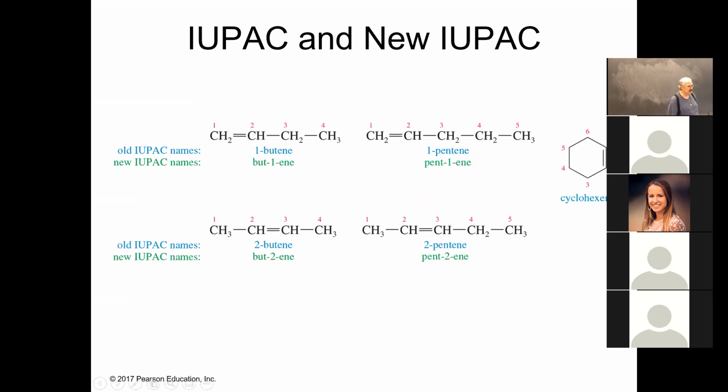For a cyclic alkene, we don't necessarily have to indicate a position number, because in cyclohexene, it doesn't matter where I put that double bond, the name is unambiguous. If I say hexene, on the other hand, you don't know which hexene I have, whether it's 1-hexene or 2-hexene.